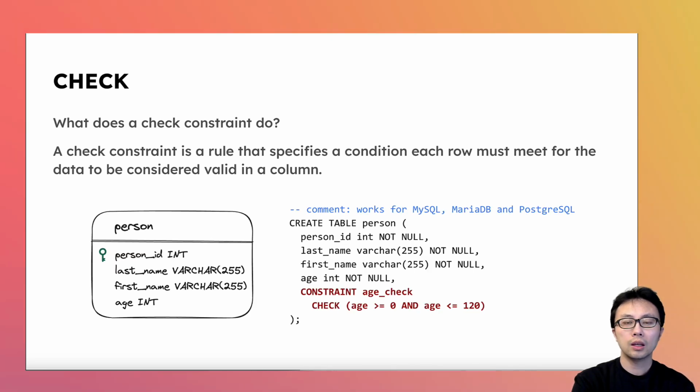For example, think about the table representing persons. The table comes with a few columns, like person ID, last name, first name, and age. The valid age number is between 0 and 120. The check constraint can check the validity of age values based on such a rule, and reject any data insertion or update that is considered invalid.